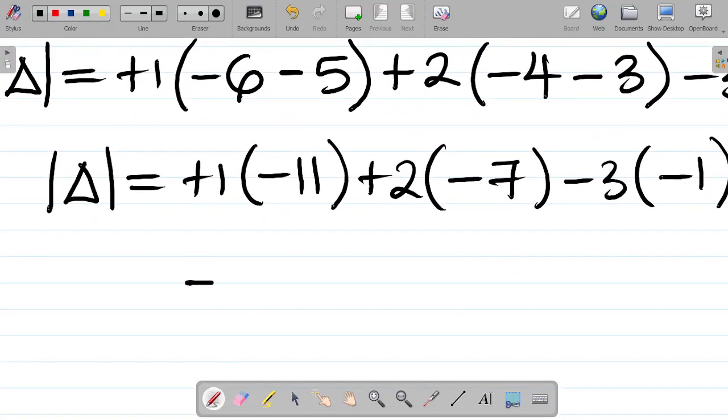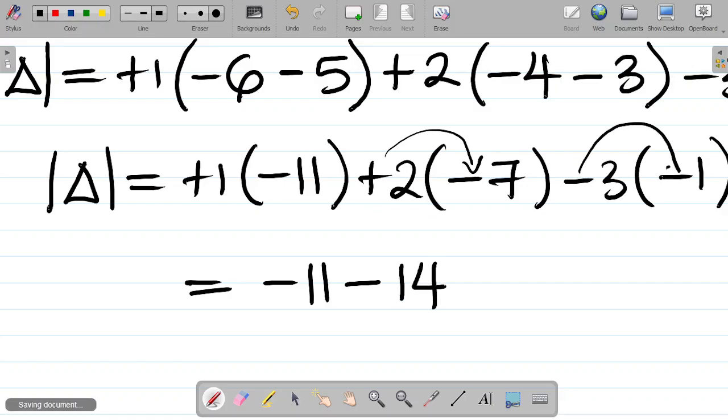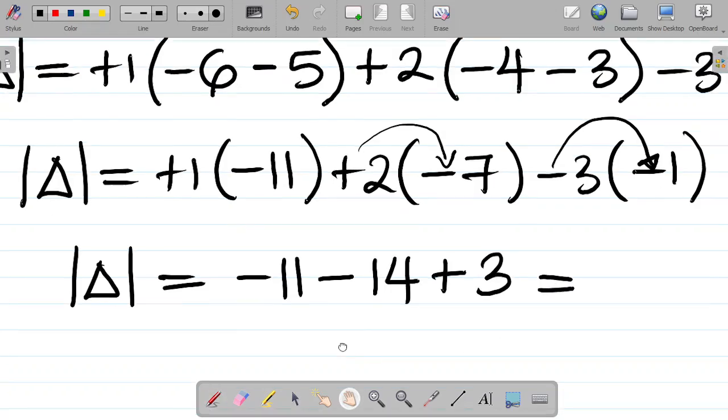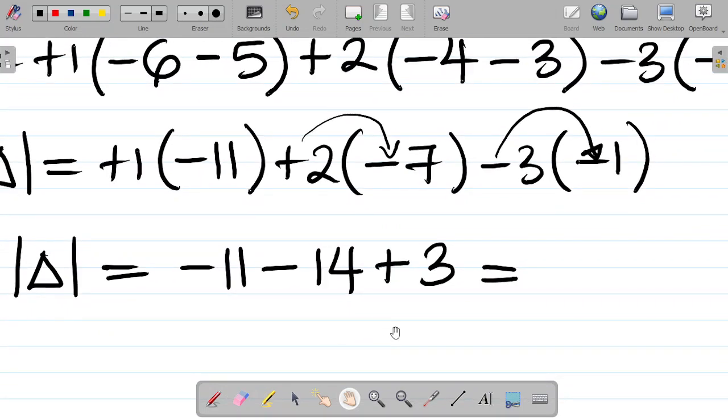From here, this will be equal to 1 times minus 11 gives you minus 11, plus times minus gives you minus, 2 times 7 is 14, minus times minus is plus, so plus 3 times 1 is 3. This becomes the determinant of lambda, and that's equal to, if I punch this, minus 11 minus 20 minus 14 gives you minus 25, minus 25 plus 3 gives you minus 22.